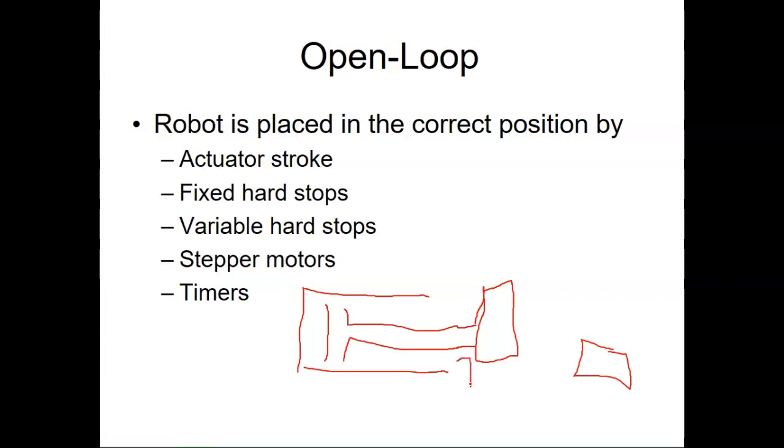But when it retracts, I can put a hard stop here. And I can move those in order for the robot to stop sooner or stop later. But between these two hard stops is where the work will happen. Does that make sense?